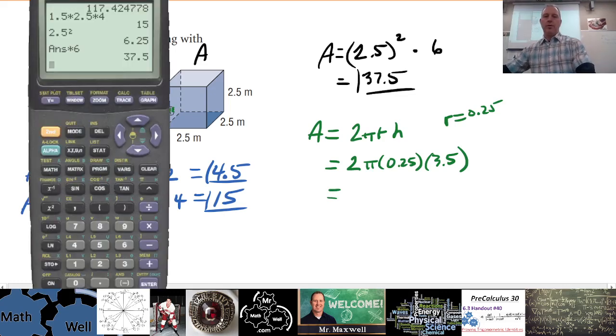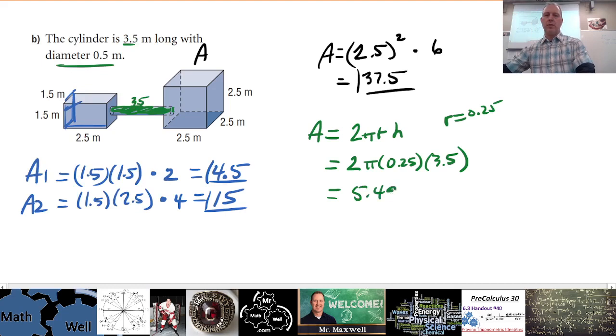I'll jump on the calculator for this one. That's 2 times 0.25 times 3.5 times pi, which equals 5.49778. I'll leave a bunch of decimal places there.